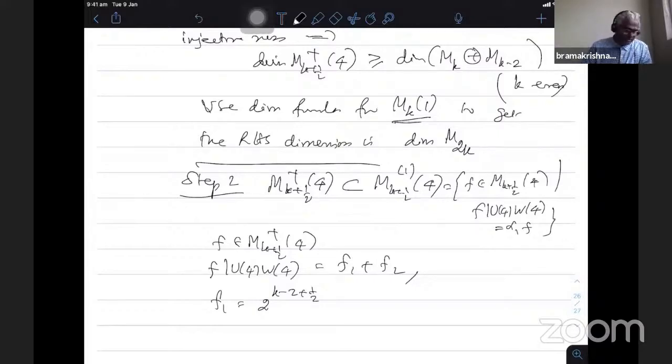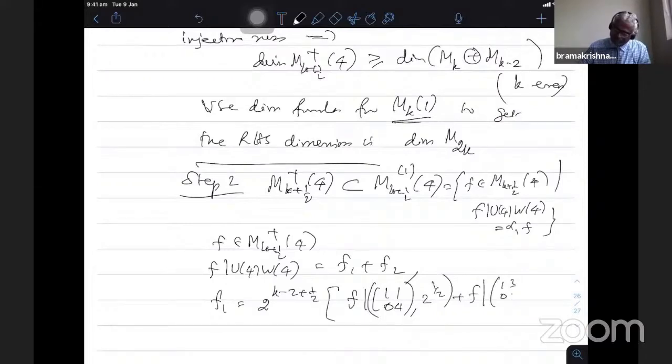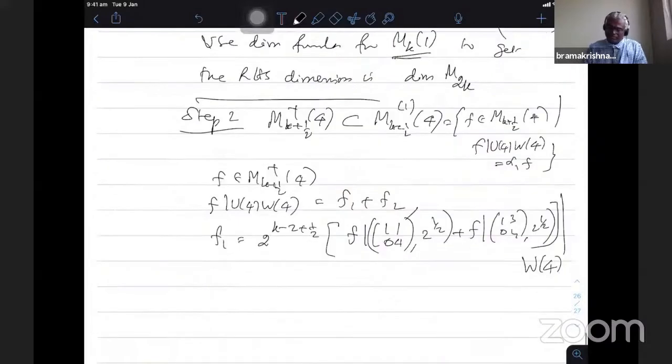So this is f bar 1 1 0 4 comma 2 power half plus f bar 1 3 0 4. So 1 and 3 modulo 4 you take on one side and then apply the w operator. So f2 is the remaining two.